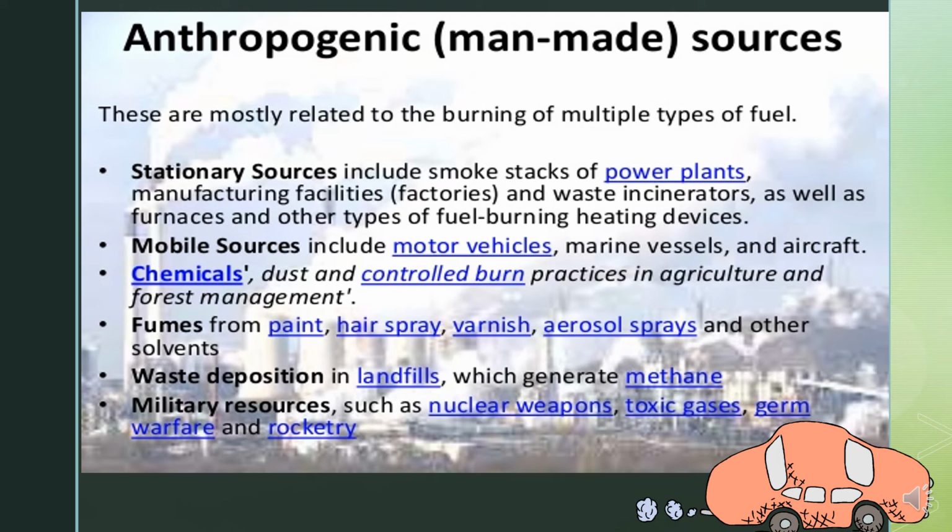Second is mobile sources, which include motor vehicles, marine vessels and aircraft. Then chemicals, dust and controlled burn practices in agriculture and forest management. These are the activities by human beings which will lead to air pollution.